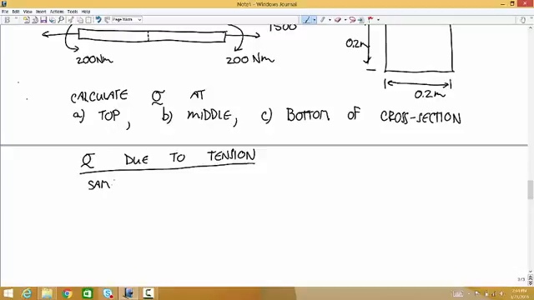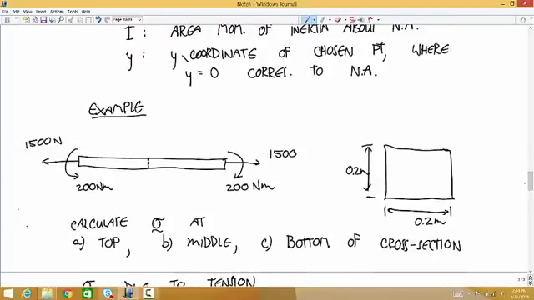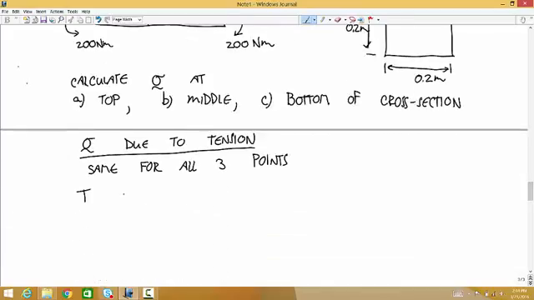This is going to be the same for all 3 points. The internal tension, you could do an internal loads calculation, but this whole thing is in tension of 1,500 newtons.